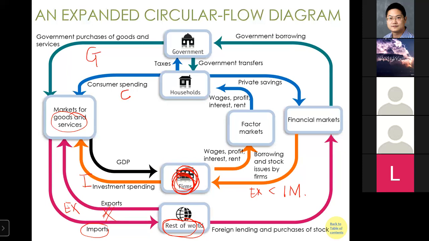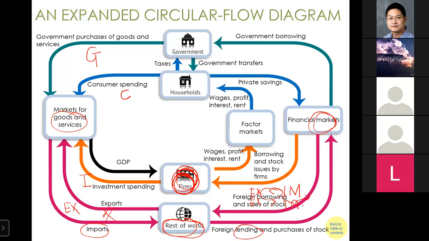Right? So we briefly talked about that in a previous chapter. If that's the case, how can we afford the additional import? That just means we are going to borrow in the financial market as a country. On the other hand, if export is larger than import, meaning we earn more than we spend in the international market, then we are going to put the additional saving in the financial market, right? So this is going to show up either as borrowing or lending.